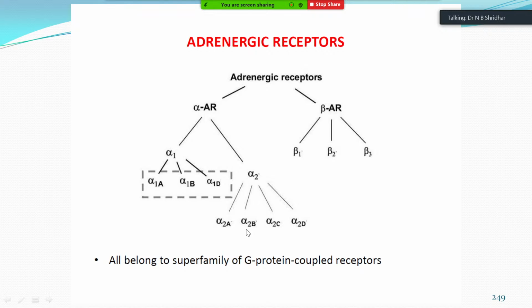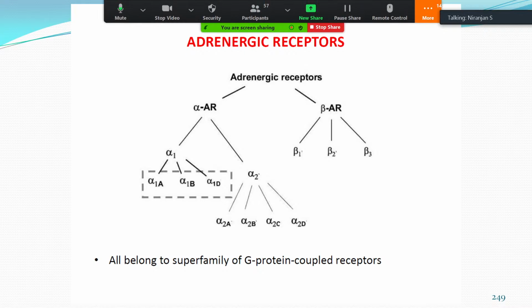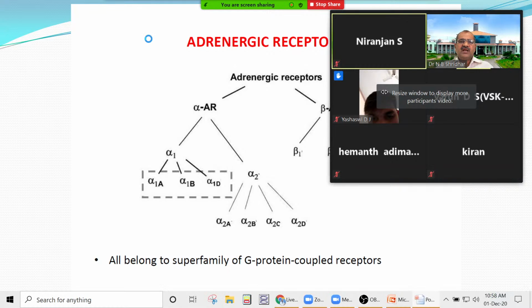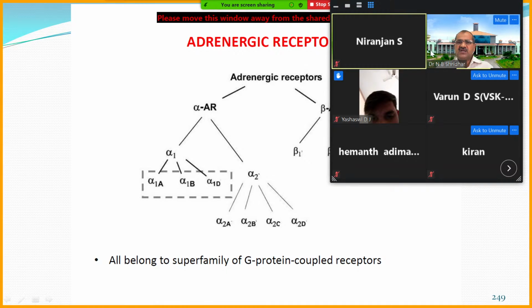And the alpha 2 type of the receptors are classified as 4 subtypes: alpha 2A, 2B, 2C and 2D. These are the classification of the receptors, especially alpha and beta. It's very simple to remember. It's not a difficult thing to remember, especially the types of the receptors.